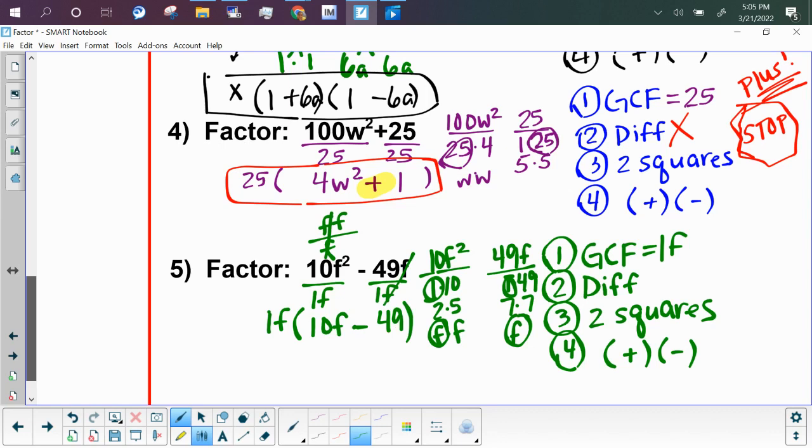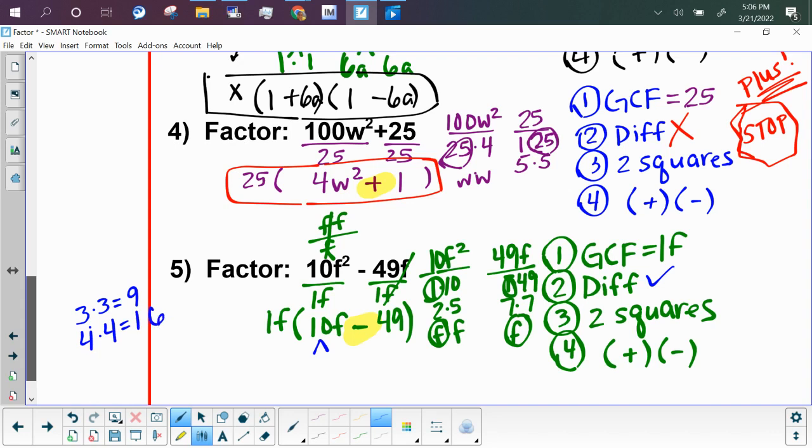Next up it says, is there a difference? This is where we got stuck on the last one. Let's see, is there a difference? Yep, it's a difference. Check, keep going. Are these two squares? Does a number times itself make 10, an integer? No, because 3 times 3 makes 9, and 4 times 4 makes 16.